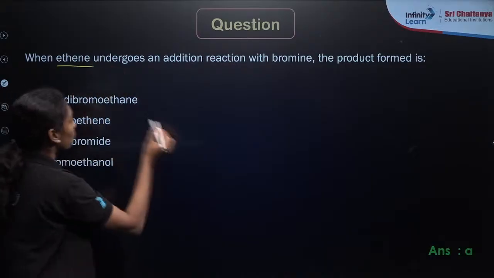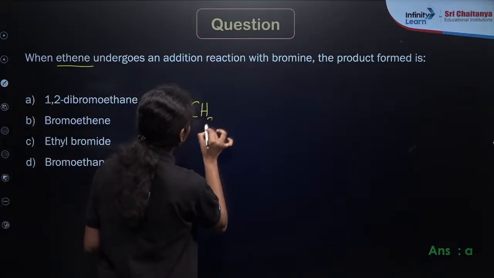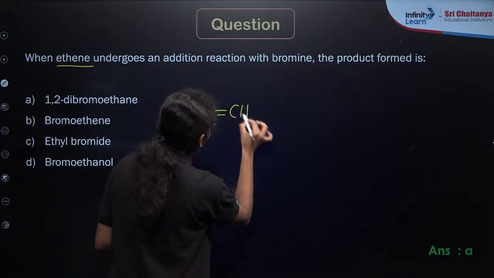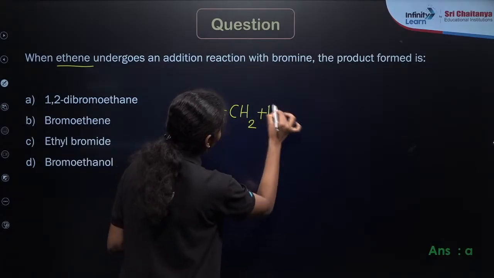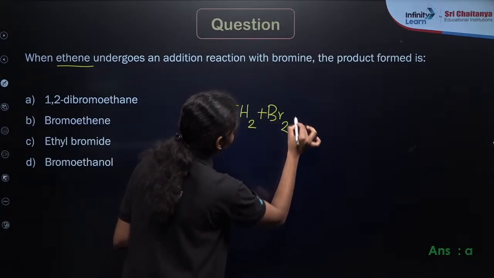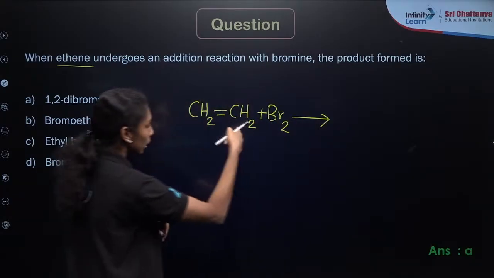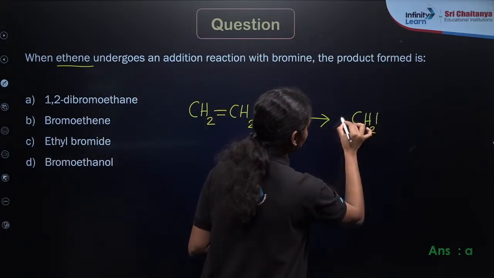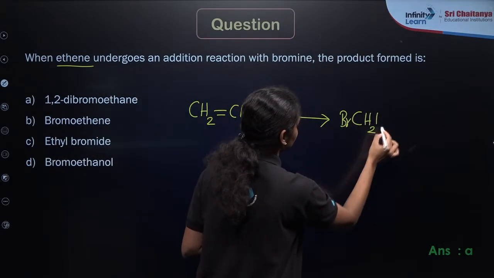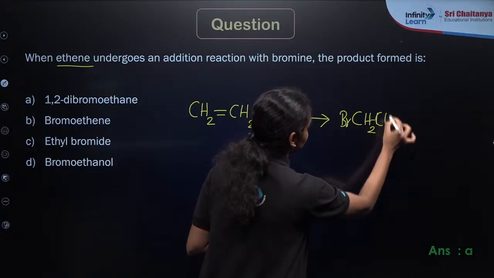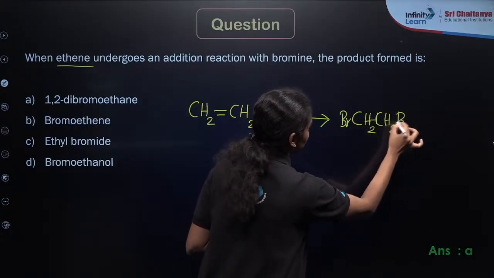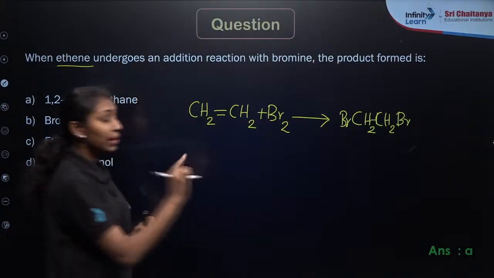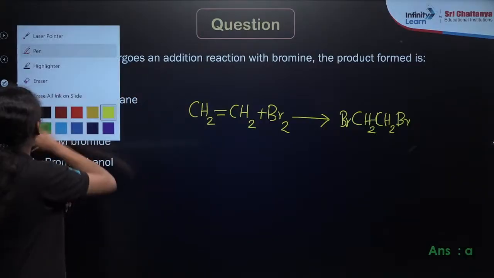So what is the equation for the chemical reaction given here? Ethene means double bonded carbon, right? CH2=CH2. Then we are adding bromine. What you are observing here is that the bromine is added to the two carbon atoms, forming CH2Br-CH2Br. For the IUPAC naming of this compound, we need to find the longest chain.